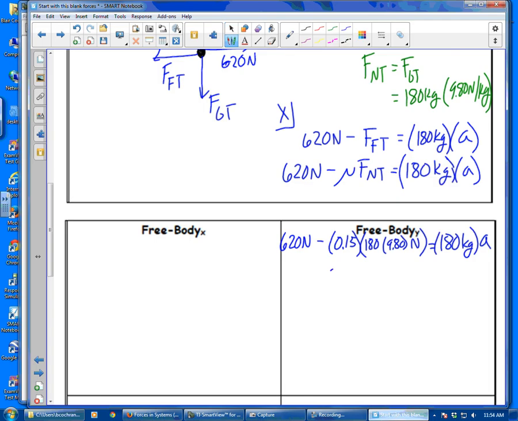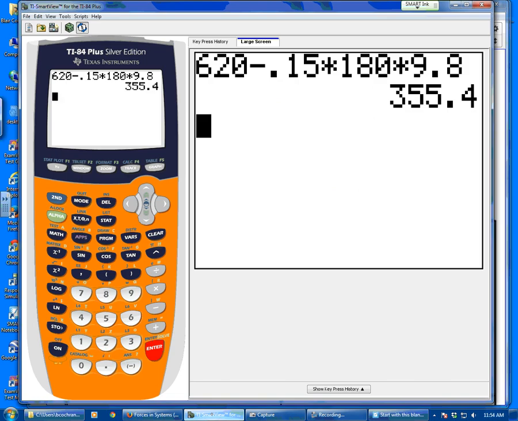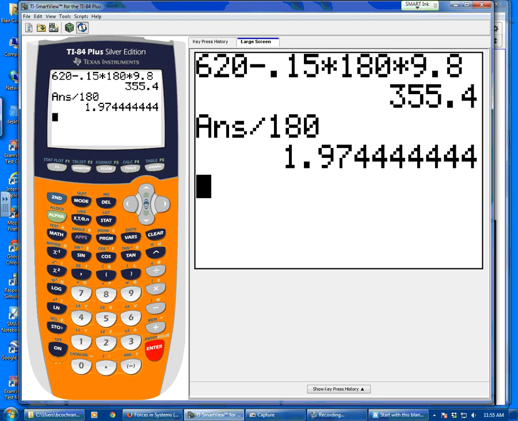So I get 355.4 newtons equals 180 kilograms times A. That divides both sides by 180 kilograms. And I get A equals 1.97.